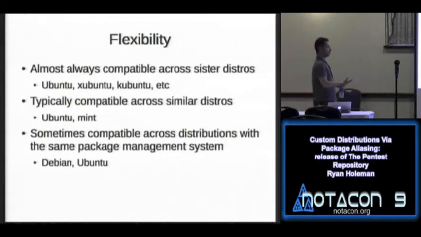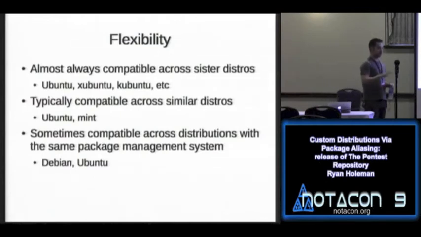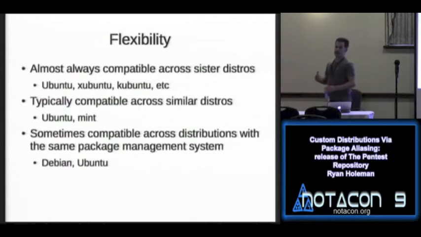And sometimes they're compatible across distributions that just actually use the same package management system, right? A Debian repository is not going to be the same as an Ubuntu repository, but typically the packages within them have similar names. So depending on what you pick to install in your package using aliasing, you might get lucky and it could work.